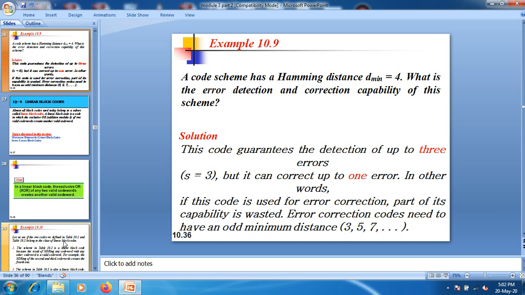A code scheme has a Hamming distance d minimum equal to 4. What is the error detection and correction capability of this scheme? This code guarantees the detection of up to 3 errors, that is d minimum equal to 4, so we are detecting d minimum minus 1 errors, that is 3 here, and we are able to correct up to 1-bit error here.